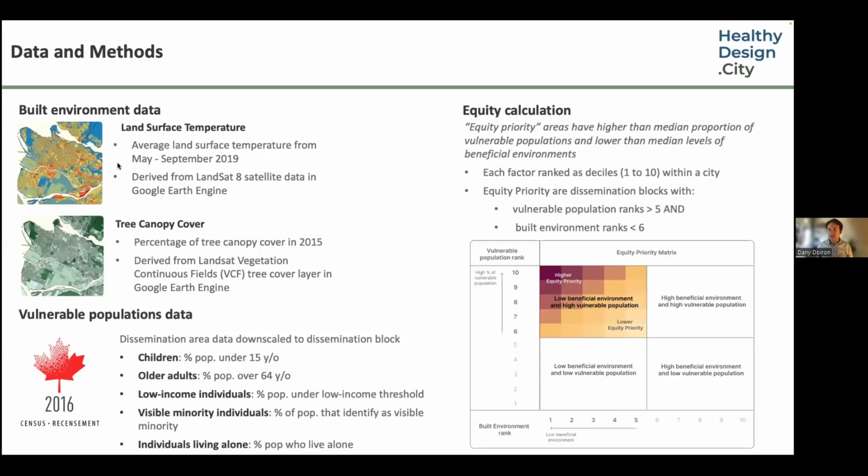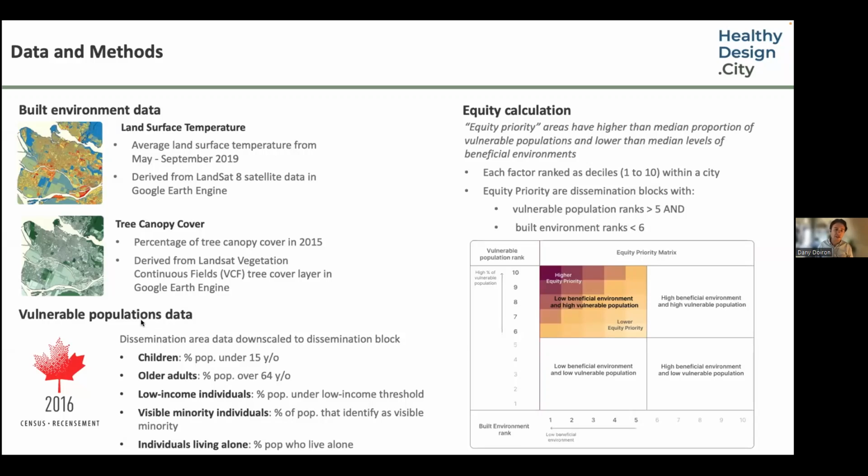So the land surface temperature data that you saw on the Healthy Plan tool is derived from Landsat satellite data, and is the average of land surface temperature for all of Canada between May and September of 2019. The tree canopy cover is also derived from satellites, and is the percentage of vegetation cover in 2015.